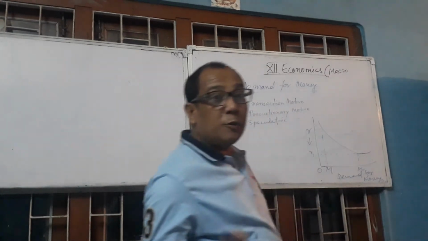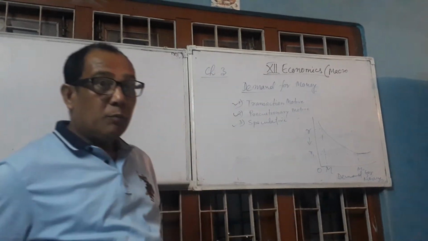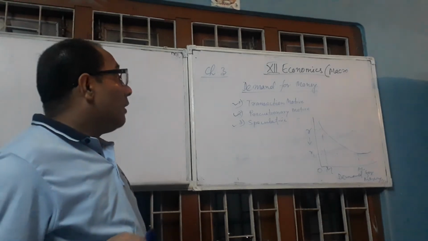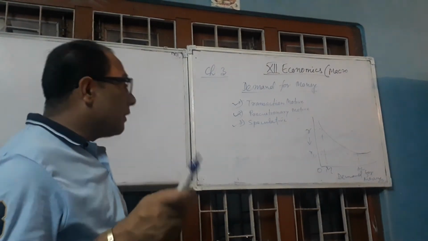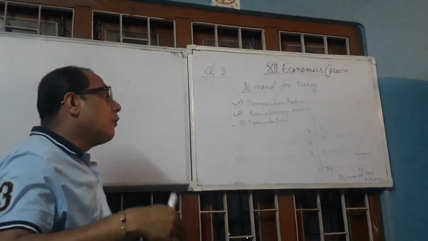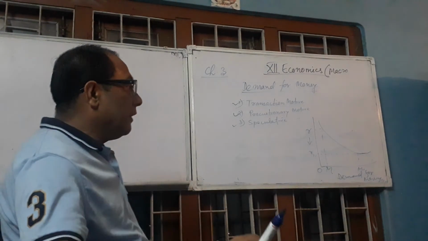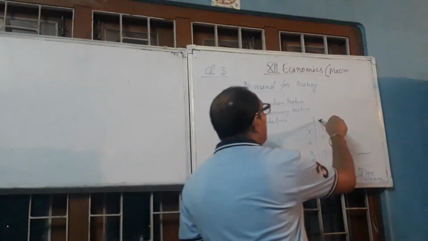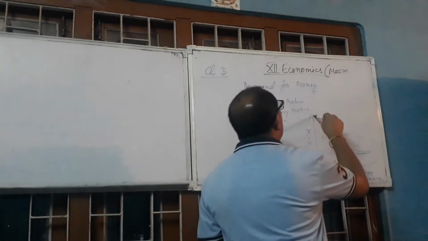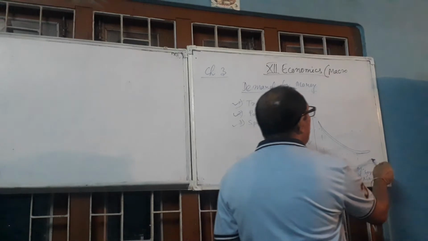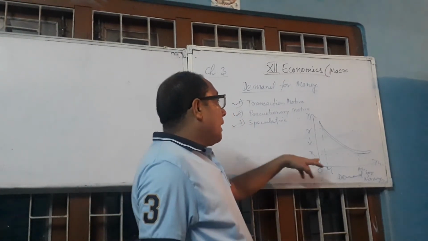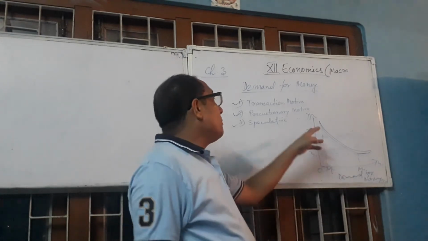From this we can understand that if the rate of interest decreases, then speculative demand for money increases. Therefore the speculative demand curve slopes downward; it has a negative slope due to this reason. Again, the speculative demand for money depends on the rate of interest.